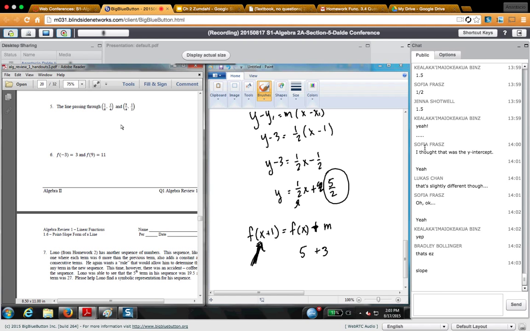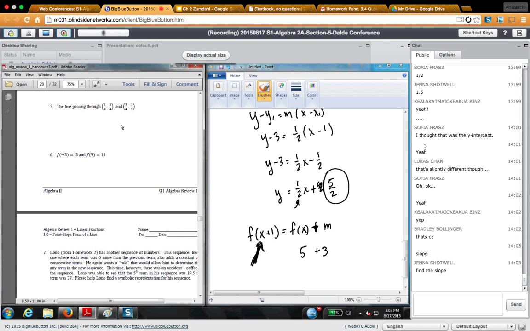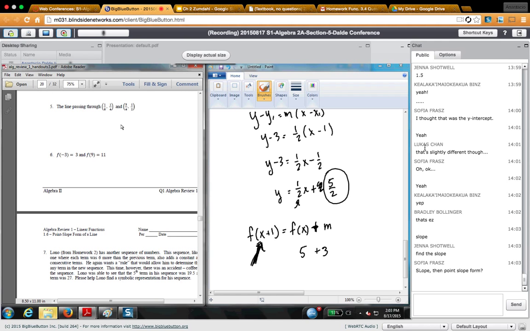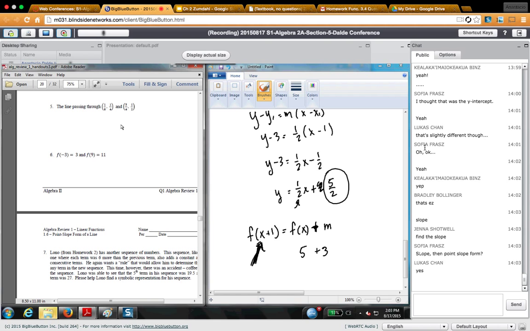Find the slope, absolutely. You find the slope by doing m equals y2 minus y1 over x2 minus x1. After we find the slope, do we have at least a point? Sure we do, we got 2 of them. So we plug that into the point-slope formula and we'll be done. We cool?